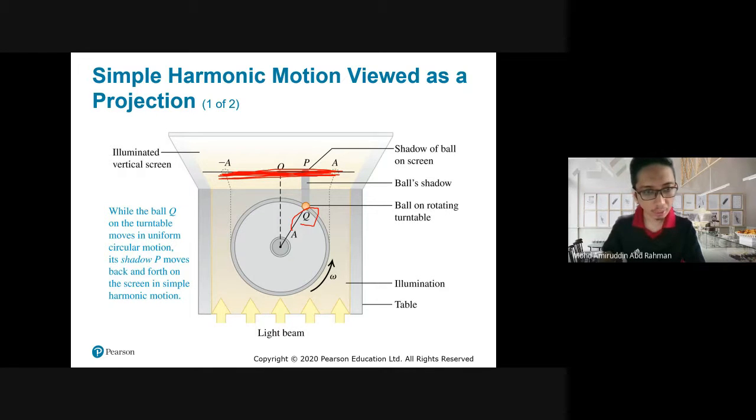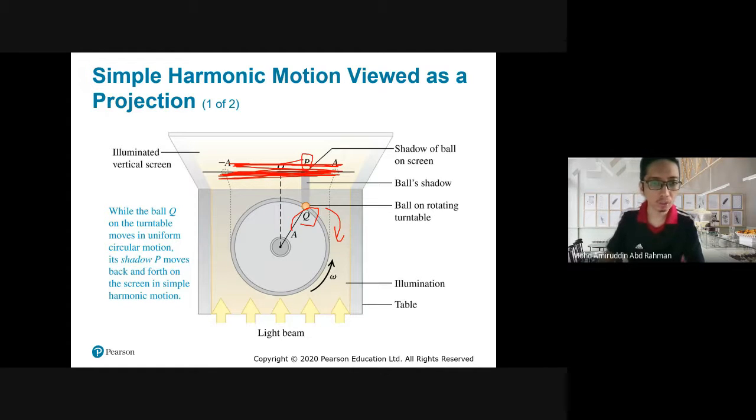So that's the shadow of the moving ball, if the ball moves in the clockwise direction. But if it is turned to the counterclockwise direction, it will start from here at P, go to minus A, then back to O, and go back to A and so on.